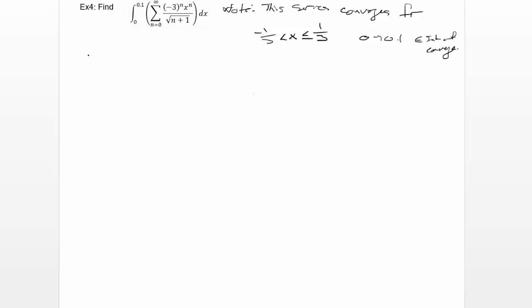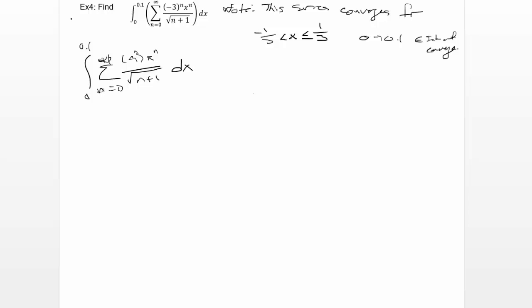When I look at this integral from 0 to 0.1, of the sum from n equals 0 to infinity of (-3)^n x^n over the square root of n plus 1, dx, this is important: this is an integral with respect to x.